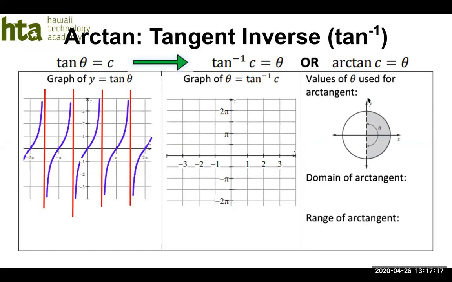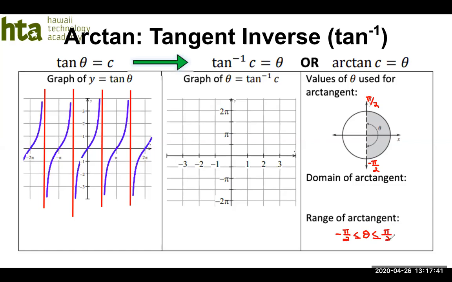So that means we are only focusing from pi over 2 and negative pi over 2. So just like sine, tangent has the same restrictions. So our range is going to be from negative pi over 2 to pi over 2. Okay, so that hasn't changed, just like sine.